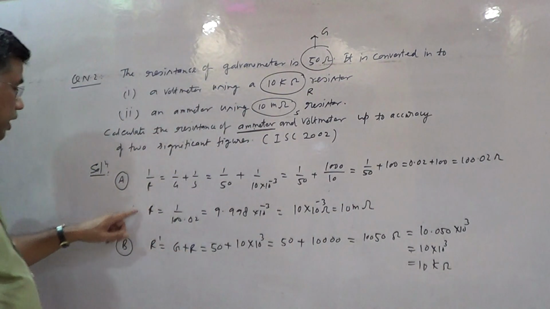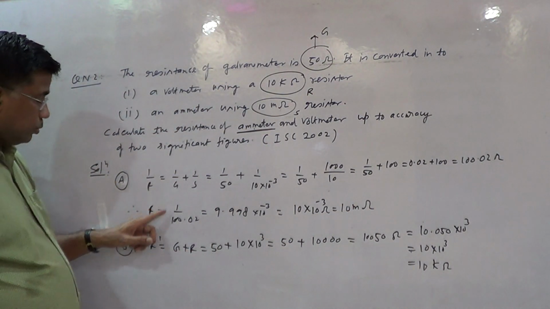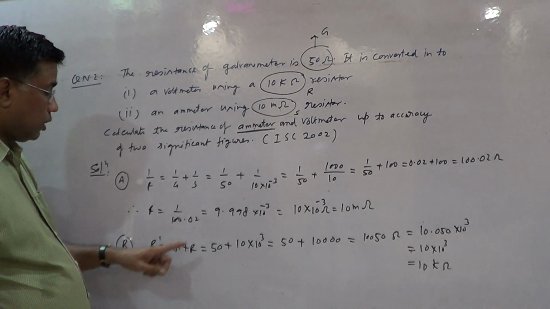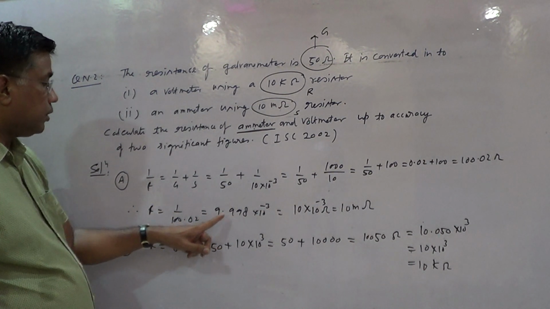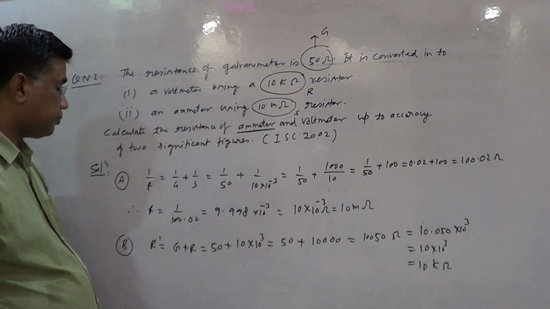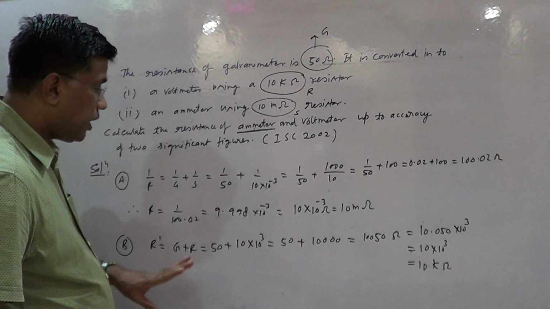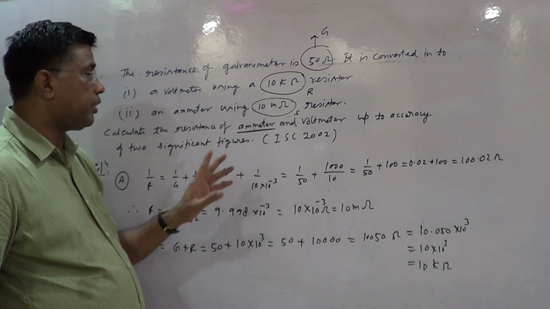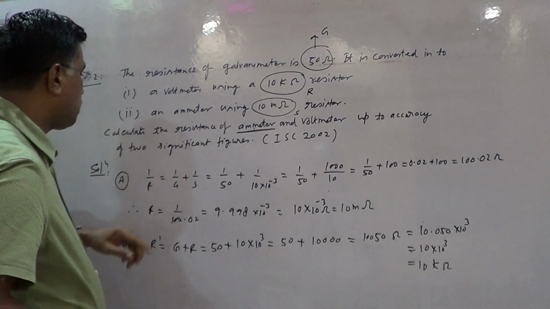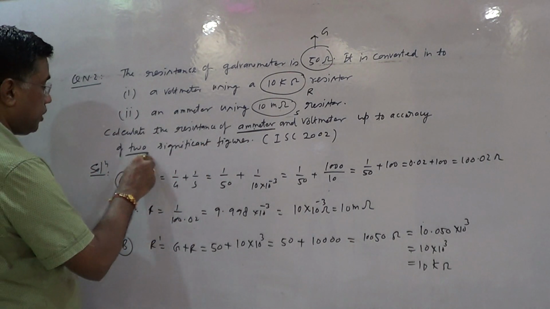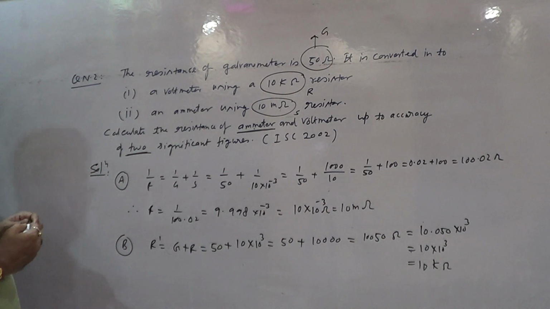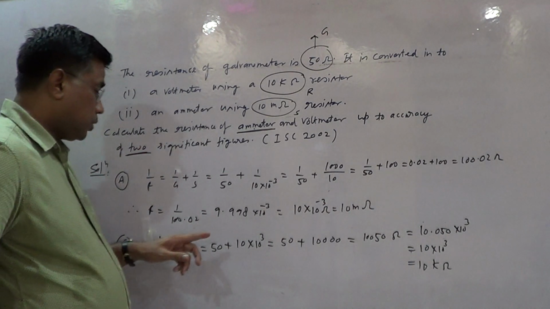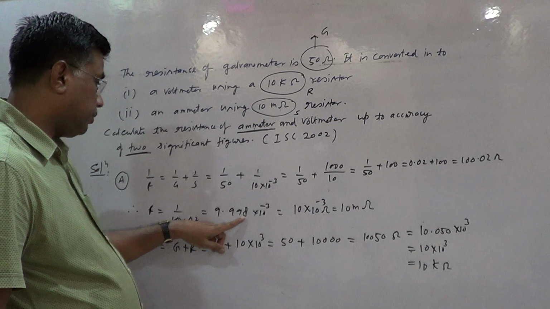So the value of R will be the reciprocal of that number, 1 by 100.02. On solving we get this value, 9.998 into 10 to the power minus 3. Now student, we have to keep only two significant figures. Only two significant figures. Keep this in your mind. So we have to round off these numbers.